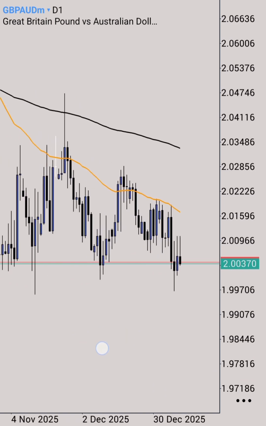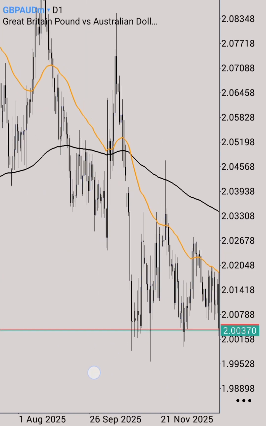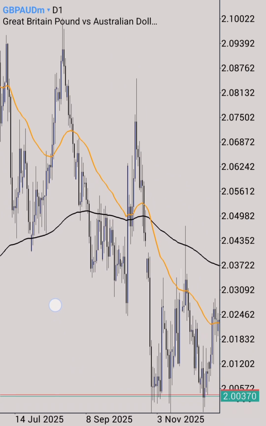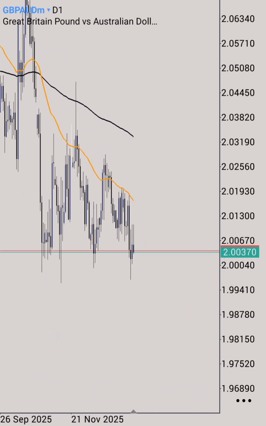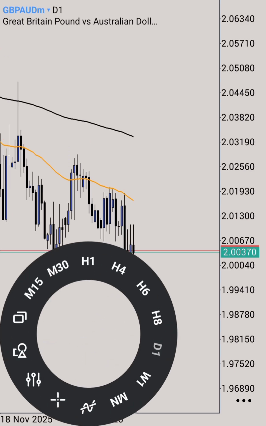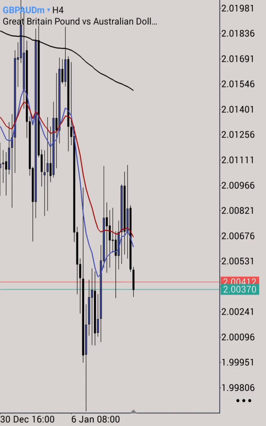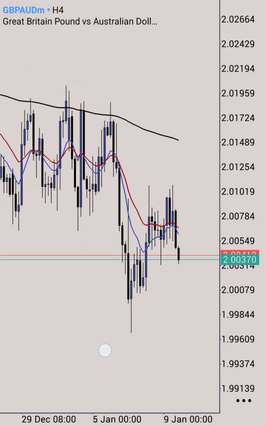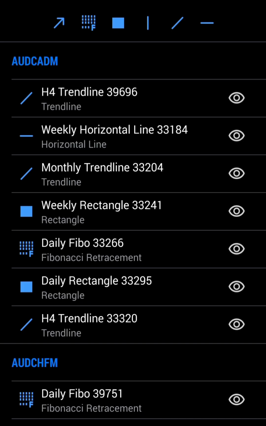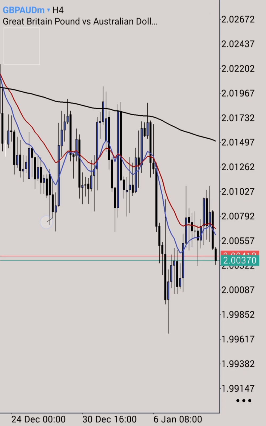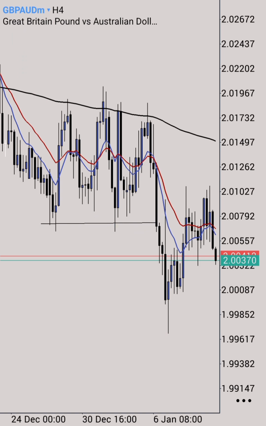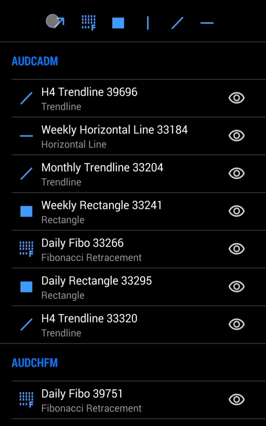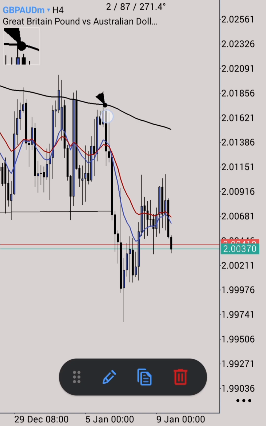Now we could see how the market has also been moving in a downtrend, right? By giving us a series of lower lows and lower highs. Then we go to the H4. Now on the H4, which happens to be our entry time frame, we could clearly see how the market has broken structure to the downside, right?